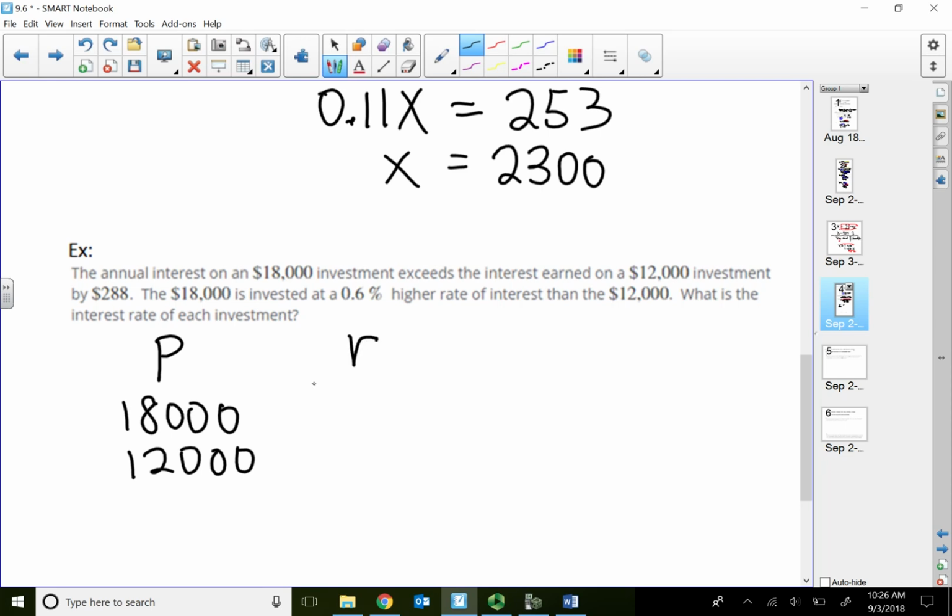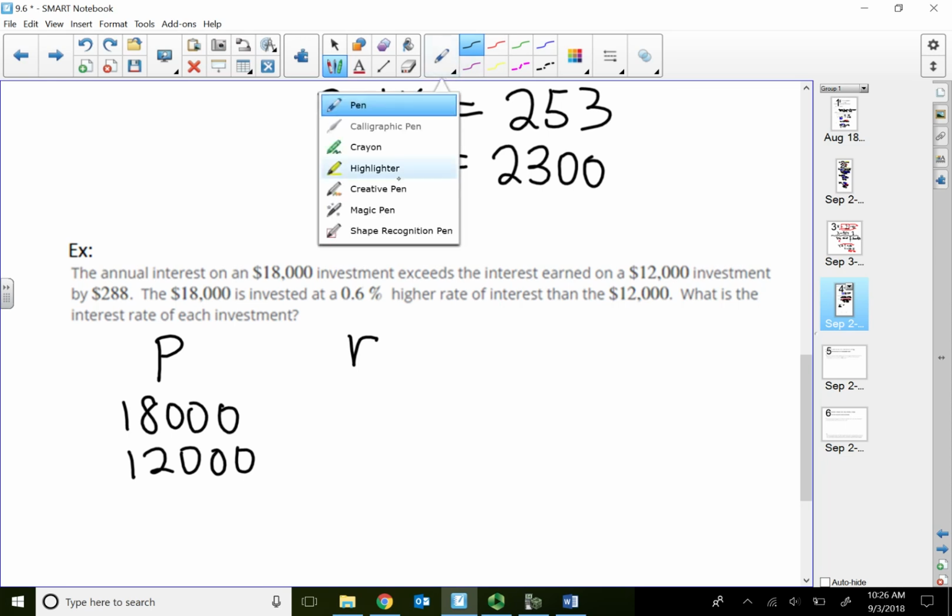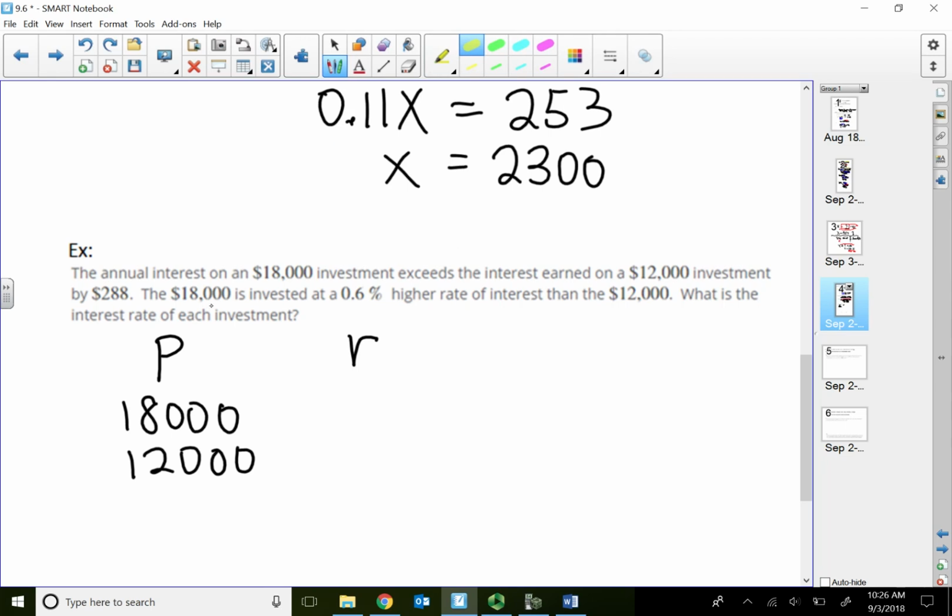The $18,000 is higher than the $12,000 one. If we compare these two items, the X has to be for the $12,000 because that item is listed at the end of this translating sentence.